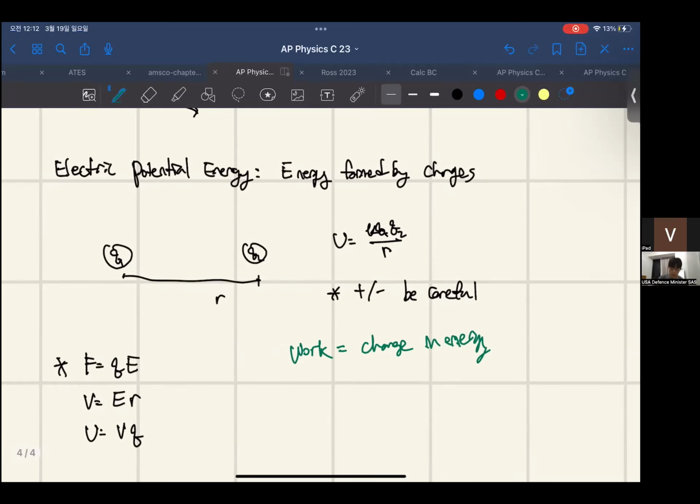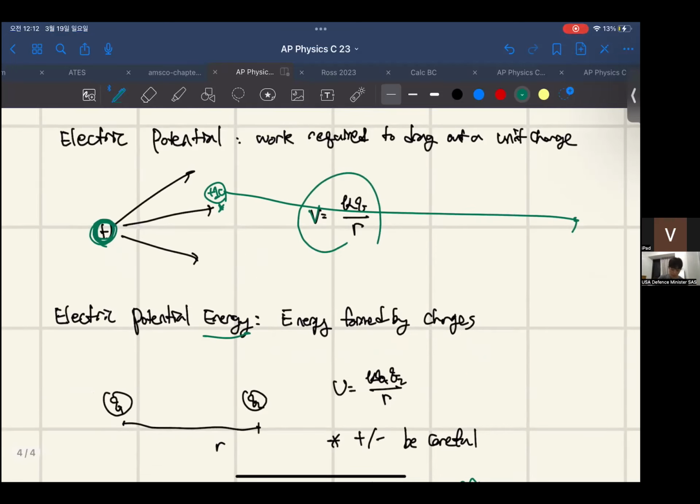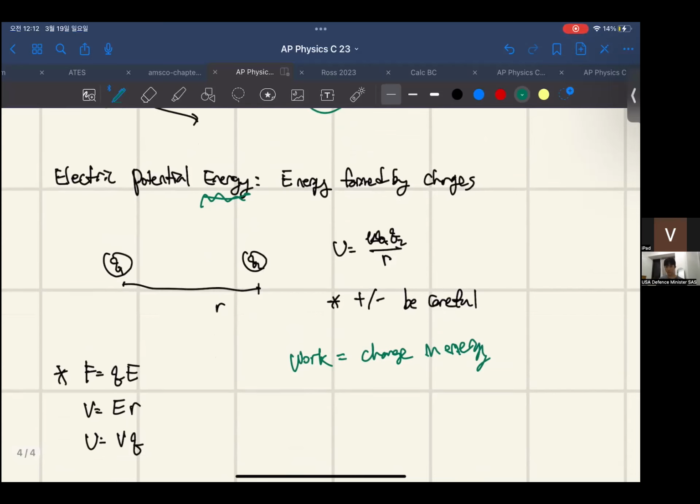Now, electric potential is the work. Thus, the amount of work that you do would be equal to the change in electric potential energy. However, the difference is that electric potential energy is not for just a unit charge.